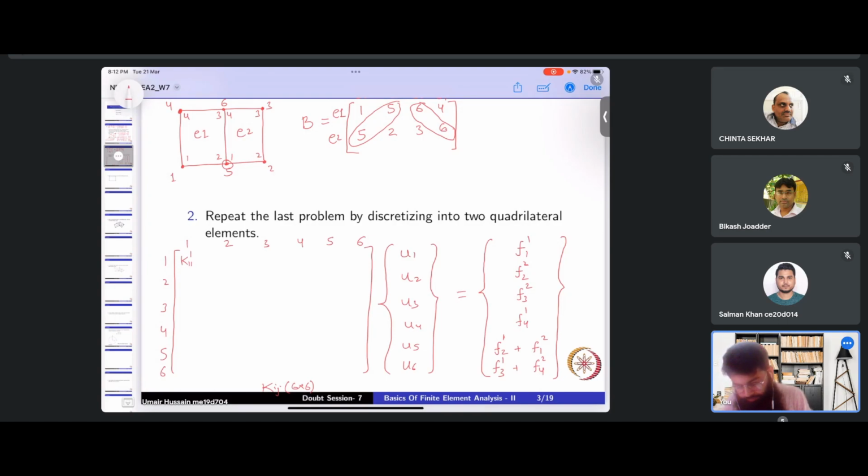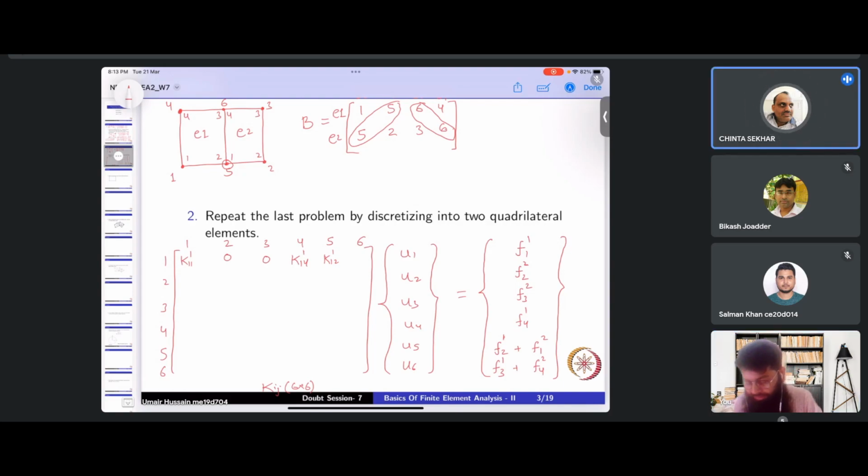For 1 2, do we have any connection between node 1 and 2 in any element? We don't have any connection, so 1 2 is 0, and 1 3 is also 0. For 1 4 we have 1 4 of element 1. And for 1 5 we have 1 2 of element 1. For 1 6, do we have any?